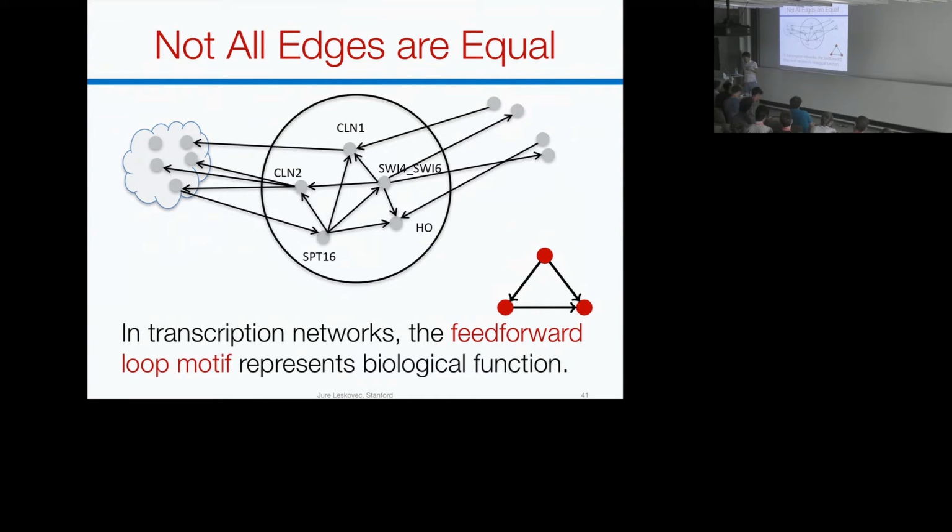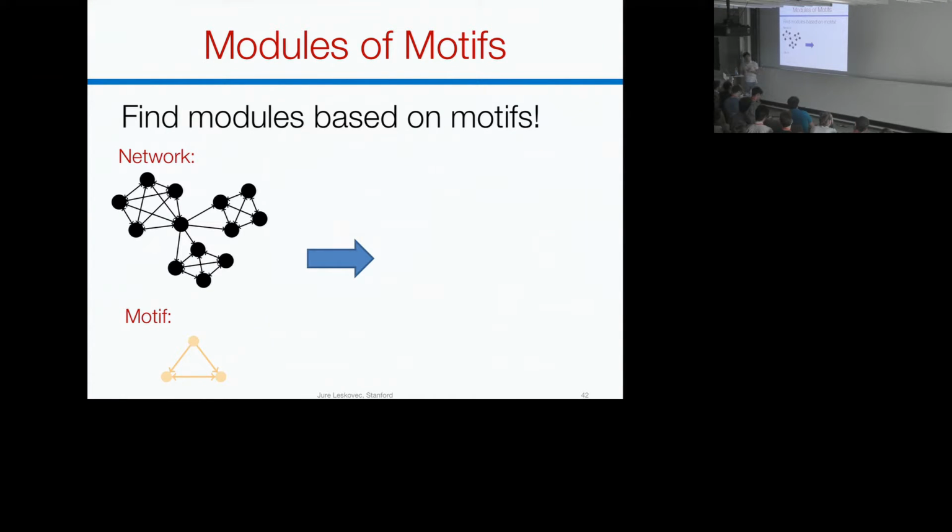Okay, so let me make this more precise. The idea will be that I want to find clusters, modules, not of edges, but of motifs. So on the input, I'll be given a graph, let's say a directed graph, and I'll be given a motif of interest, right? The human comes to me and says, give me clusters of this type of structure.